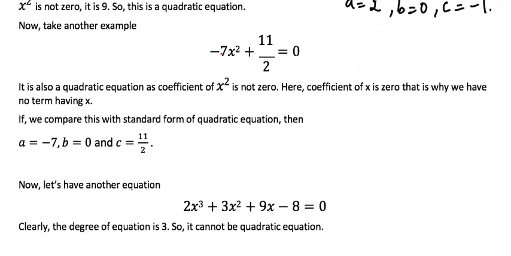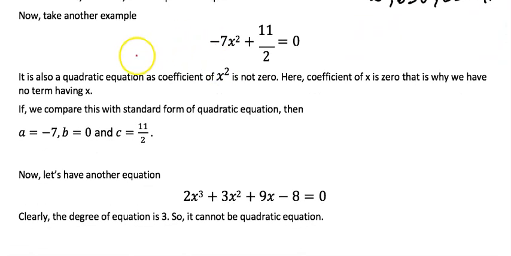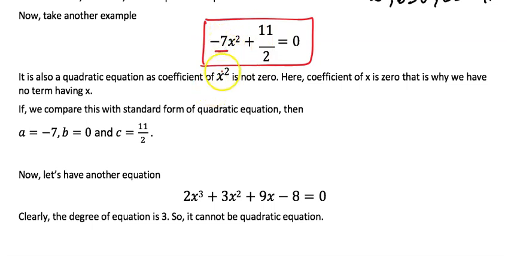Okay, let's take another example. The example is minus 7x square plus 11 upon 2 is equals to 0. Now if you observe, it is a quadratic equation as the coefficient of x square, that is minus 7, is not equals to 0, and the coefficient of x is 0.